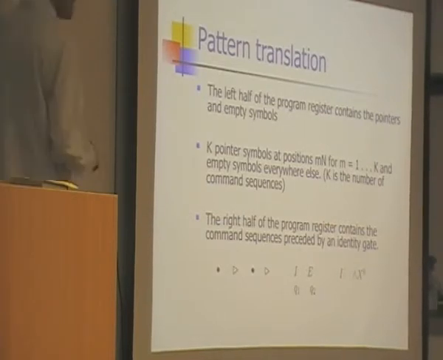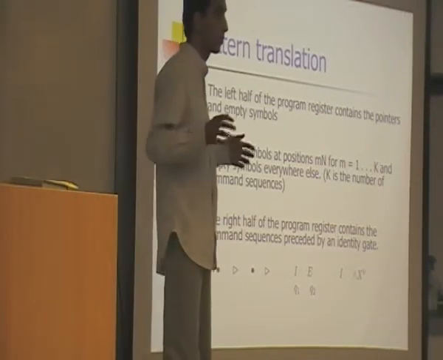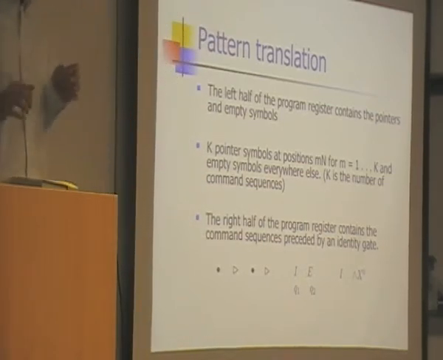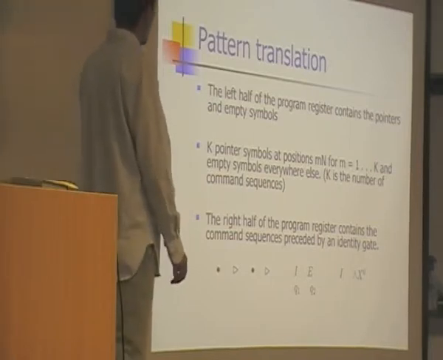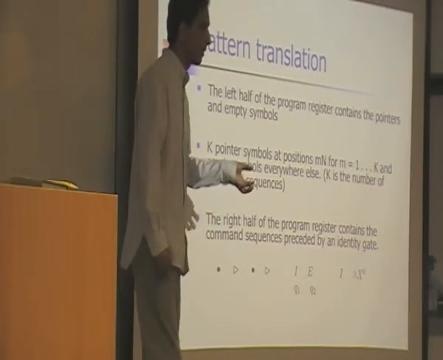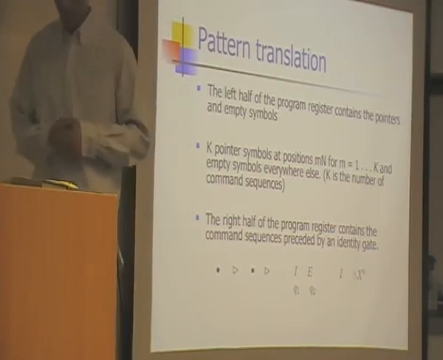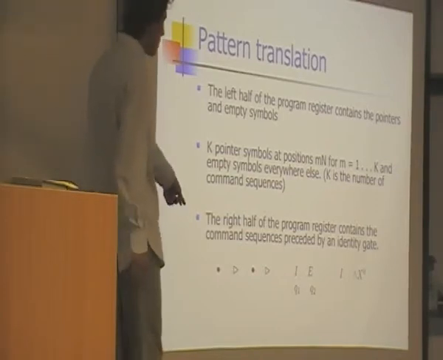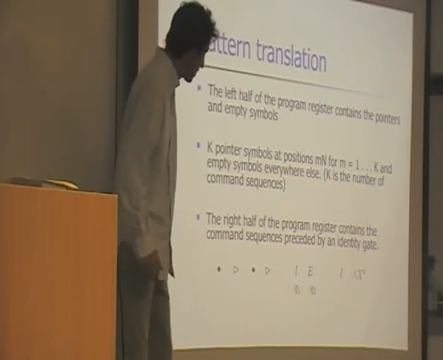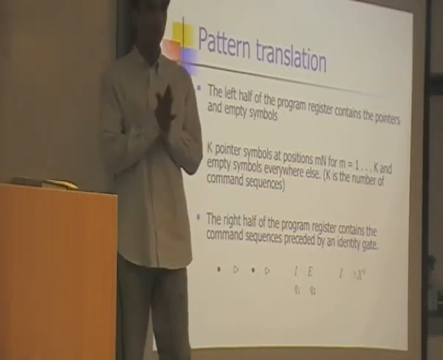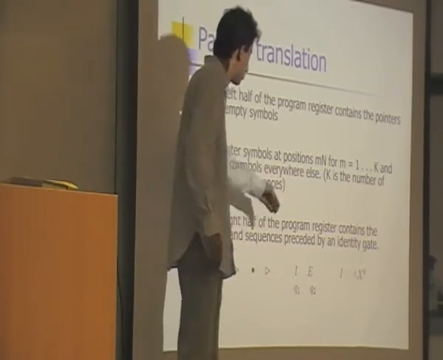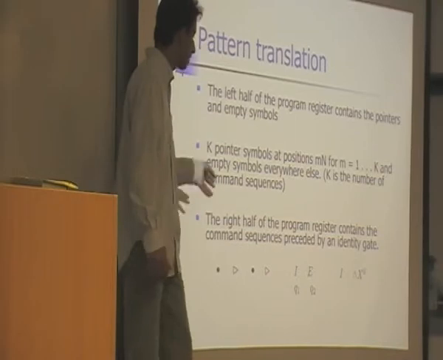Now that we have a Hamiltonian for our quantum computer, we have to know how to translate our measurement-based pattern into an appropriate initial configuration for the quantum computer. Here, as you see in my simple example, we have to divide our registers into two parts, the left part and the right part.